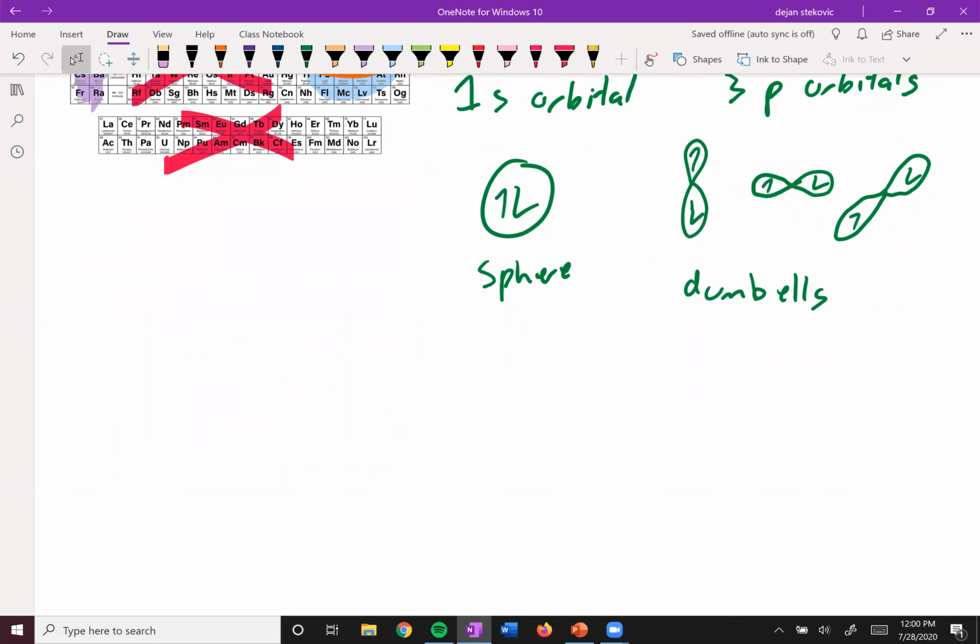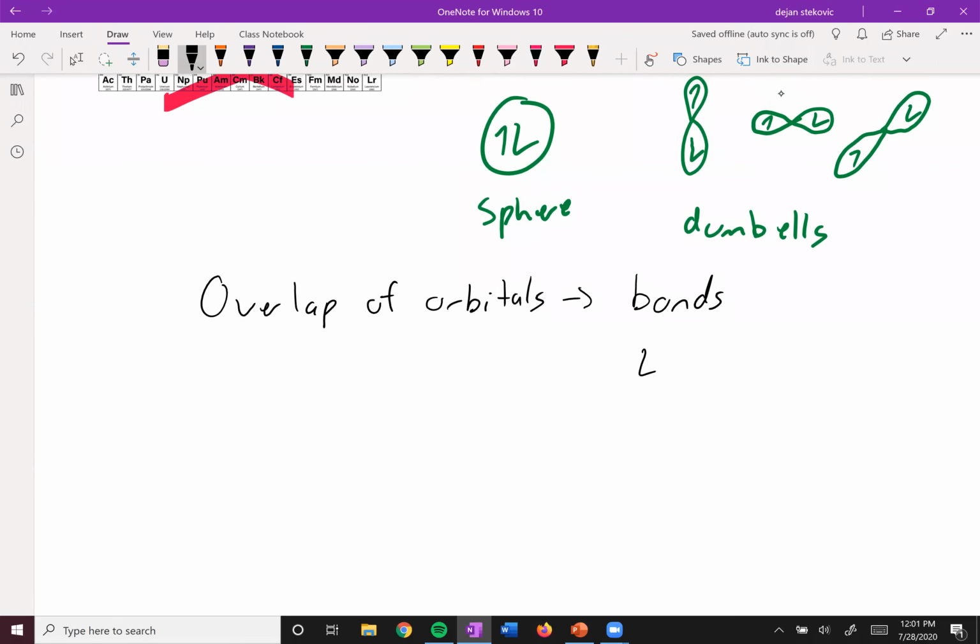When atoms interact with one another, their orbitals overlap. And it's this overlap of filled orbitals that creates bonds, right? In our Lewis depiction, we show 2 hydrogens with 1 dot each.